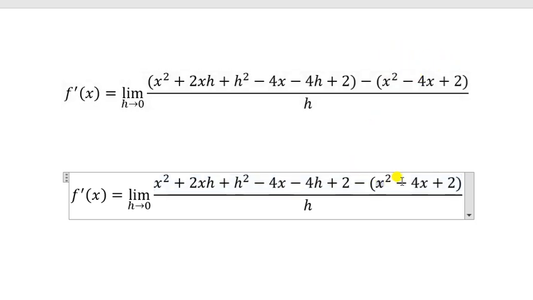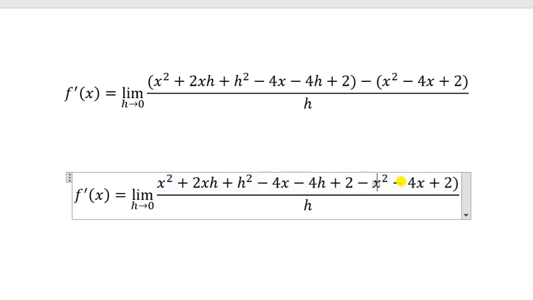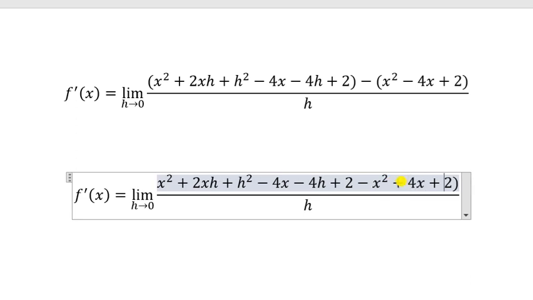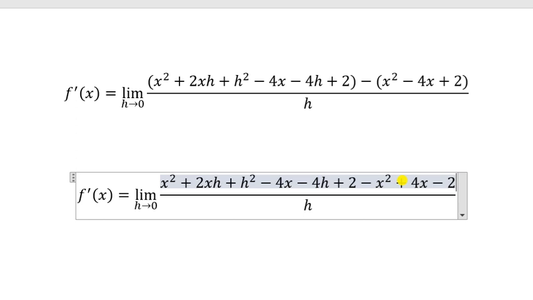So, for example, this x squared becomes a negative x squared. This minus 4x becomes a plus 4x, and this plus 2 becomes a minus 2. So there we have it. We got rid of the parentheses now. Notice how every sign of the second parenthesis changed because of this negative.